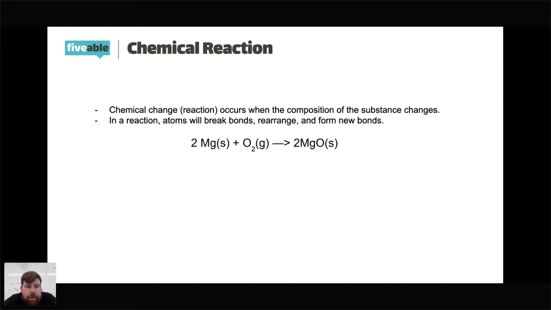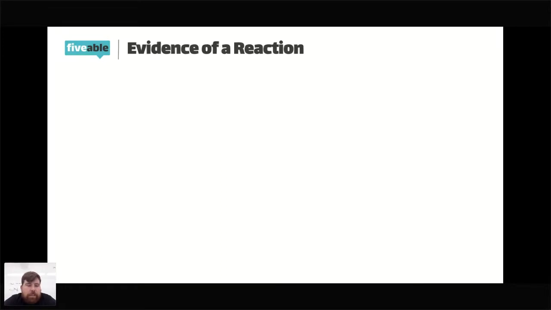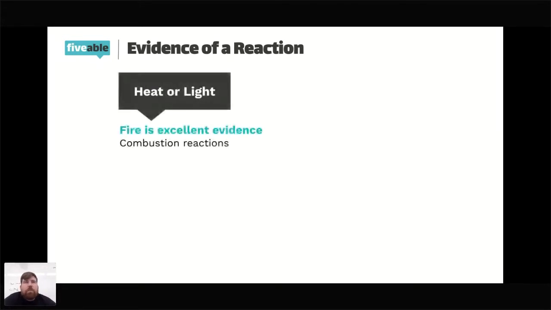That gets us to the next point. When I'm observing processes or reactions occur, how do I know I'm actually looking at a chemical reaction versus just matter changing? There are four pretty significant, obvious pieces of evidence for a reaction. The first one is the production of energy. This almost always comes in the form of heat or light.